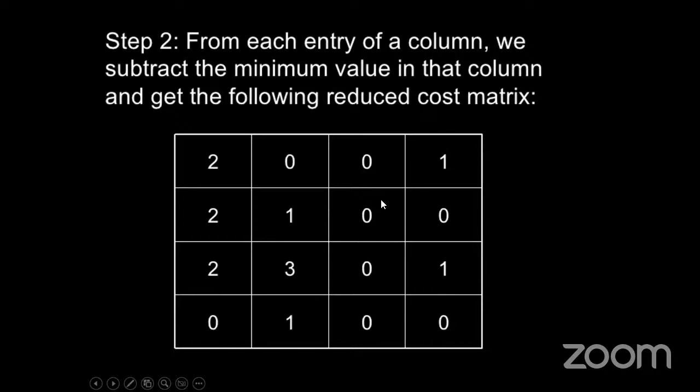So column wise, whatever zeros are there, those zeros have to be cancelled. It means this column and row are allocated one worker, one job. Are you getting my point? Yes, sir.